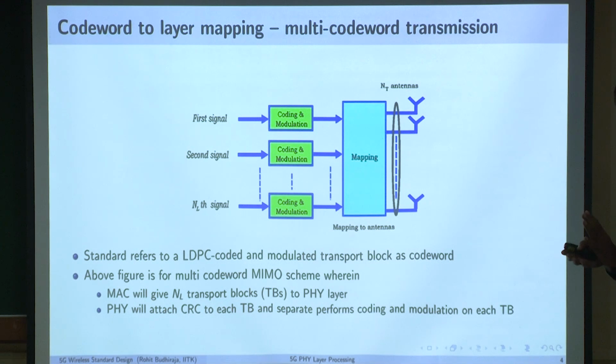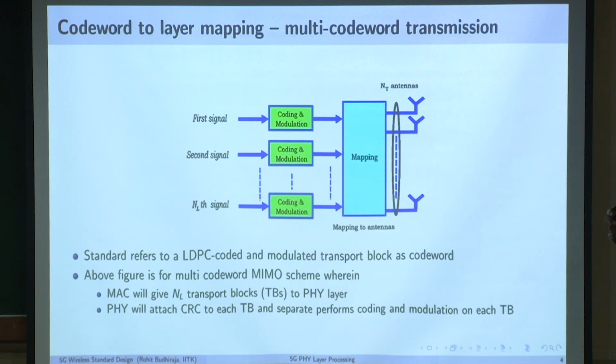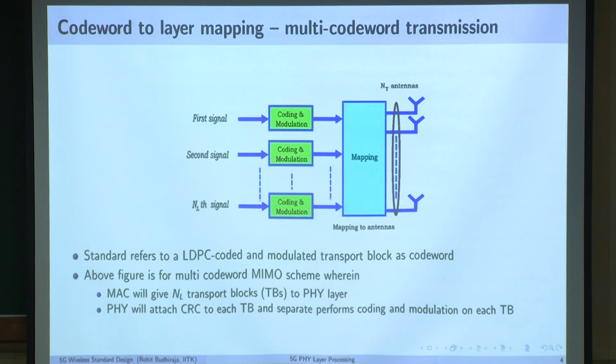I'll show you the receiver for this kind of architecture. So keep this architecture in mind: there are NL separately encoded layers, and each one of them has undergone different modulation and coding. Now what will happen at the receiver? That's what I am going to show you, and then we will discuss and debate why this was not done.